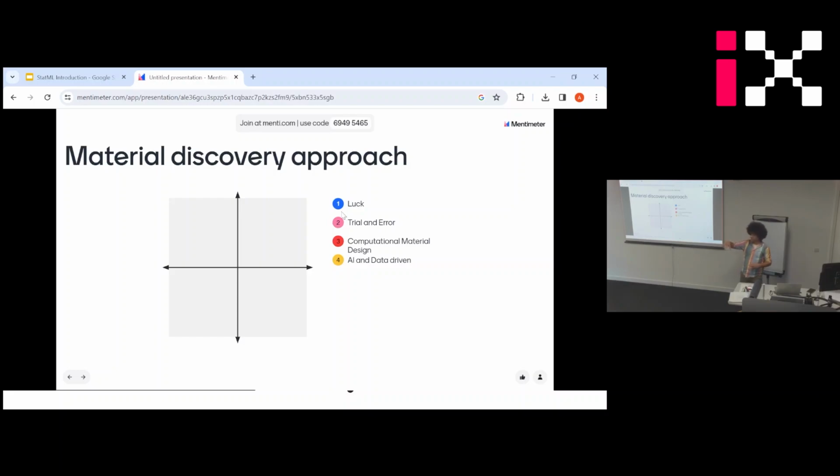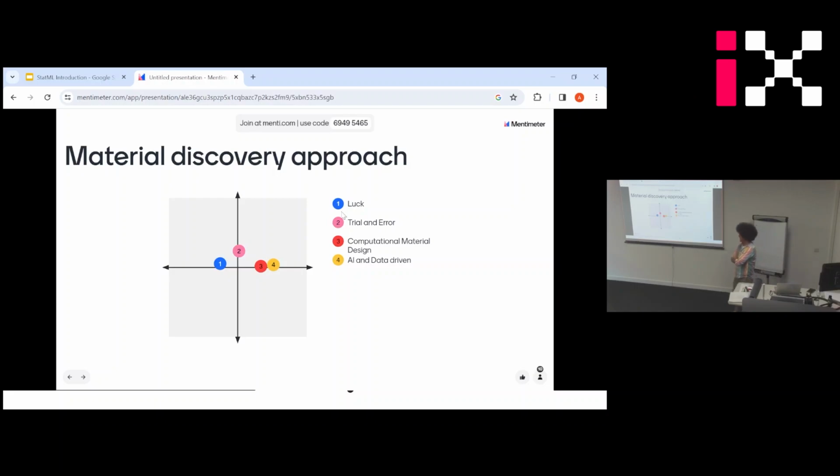You've got a scale on your phone, if you managed to see it, showing how you can score each one of them based on these two questions. The first one is potential. And the second one is how much it has helped you discover new materials. For example, according to you, how many new materials have been discovered through each one of these approaches?